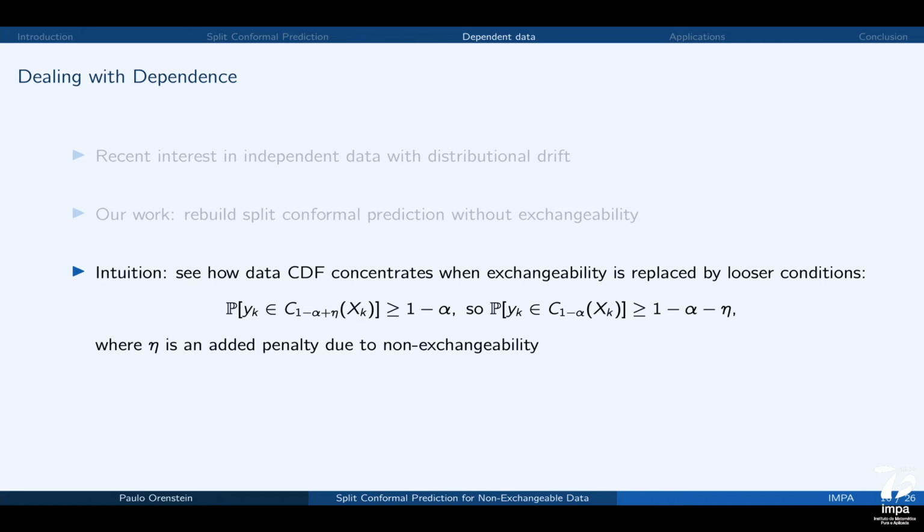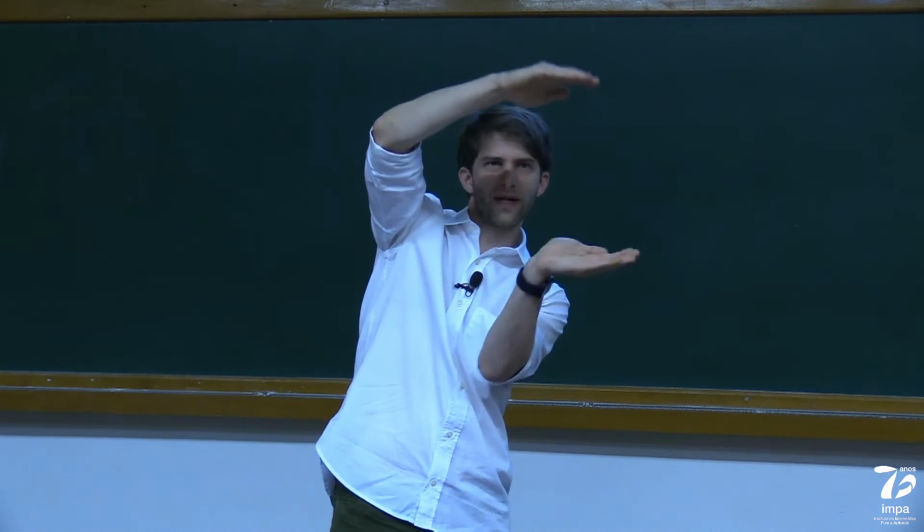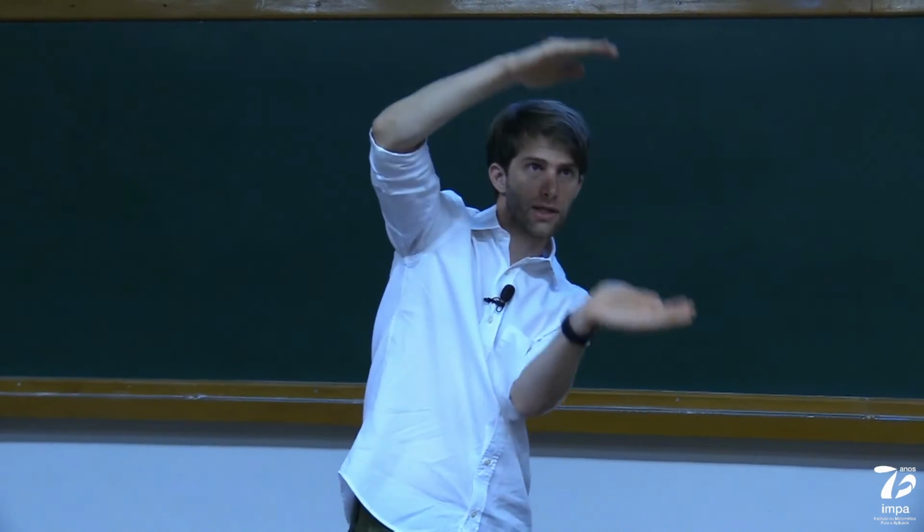What you can imagine could happen is, if the data is exchangeable, this is my interval. But if it's approximately exchangeable, maybe I have to increase it by a little bit, and that will be enough. So the question is, what is this a little bit?